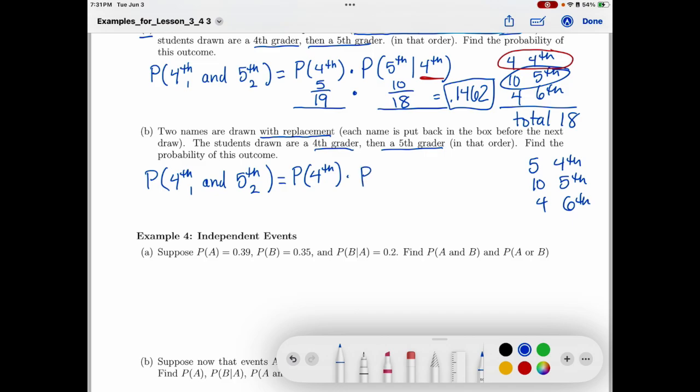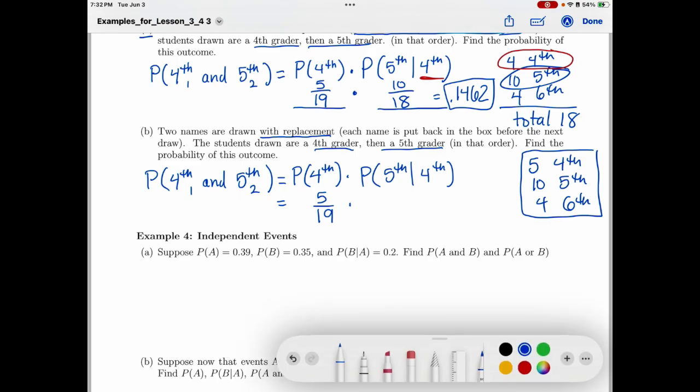That's the probability of getting a 4th grader times the probability of getting a 5th grader given that the 4th grader has been picked. When we pick the 4th grader, because that's the first pick, that's still going to be 5 out of 19, times... but we put that person's name back, and it goes back to the way it was. So nothing has changed as far as what is in the box.